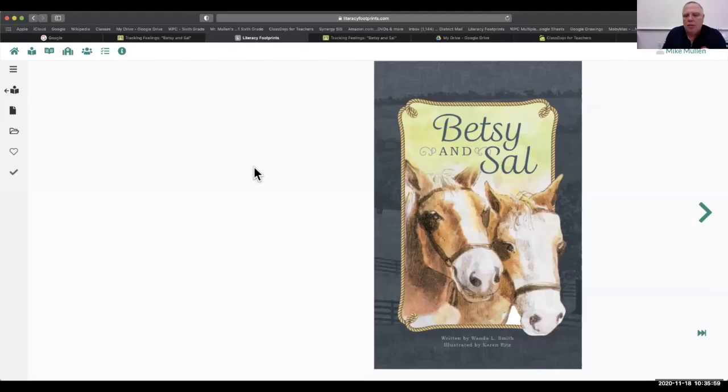I'm gonna share my screen with you and we're going to go to, again, the story that we've been looking at for a while for this week, Betsy and Sal. And yesterday we started talking about this last week, but that in narrative, we have this thing where we can track feelings or emotions in each character.